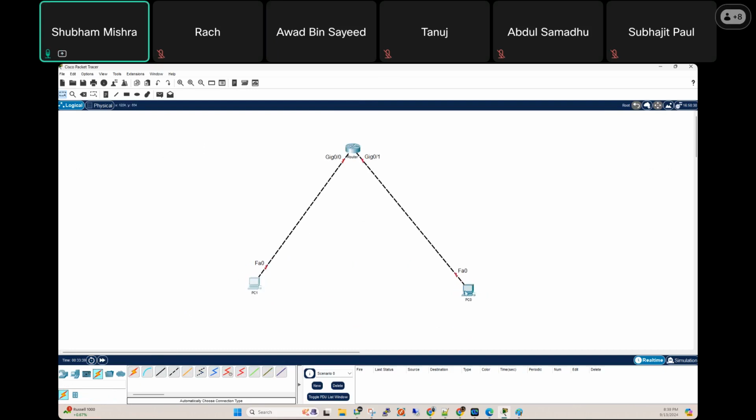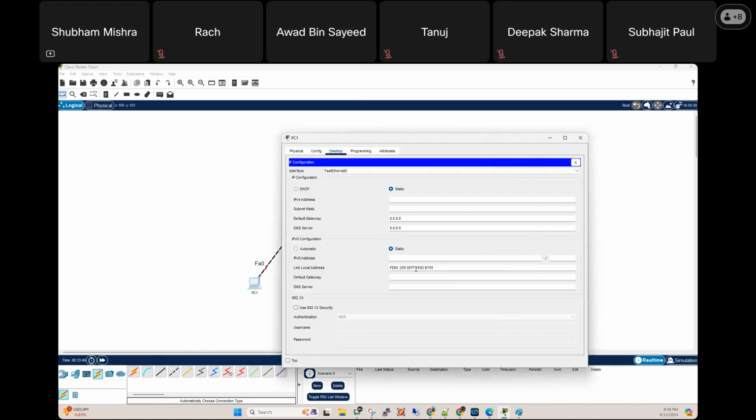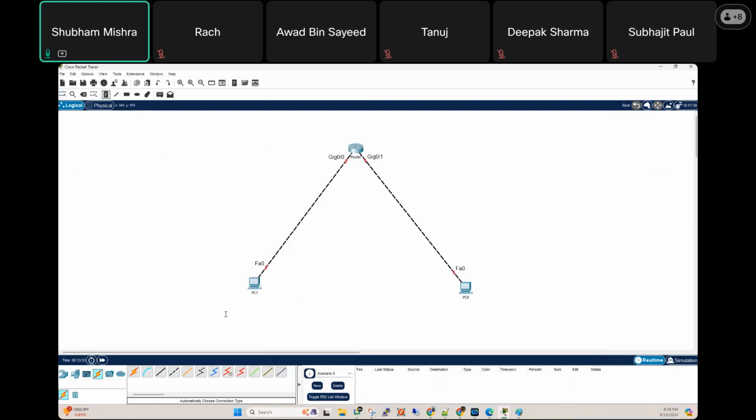I told you every PC has which addresses? IP address and MAC address, right? And how we assign the IP address, I hope you already know. This is the MAC address. I am just copying this MAC address here. Clear?